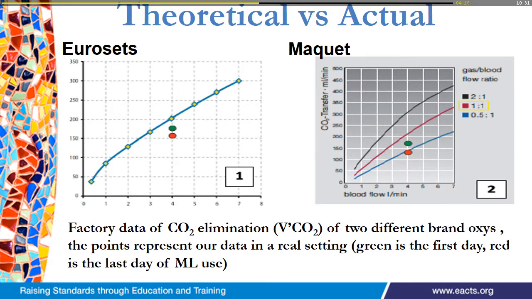We shouldn't forget that each company supplies the membrane lung CO2 value according to the standard, and during our practice, we have found that the values supplied by both manufacturers are inferior to our results. In fact, the points represent the measured VML CO2 on the first day in green and the last day in red during the use of two different oxygenators.